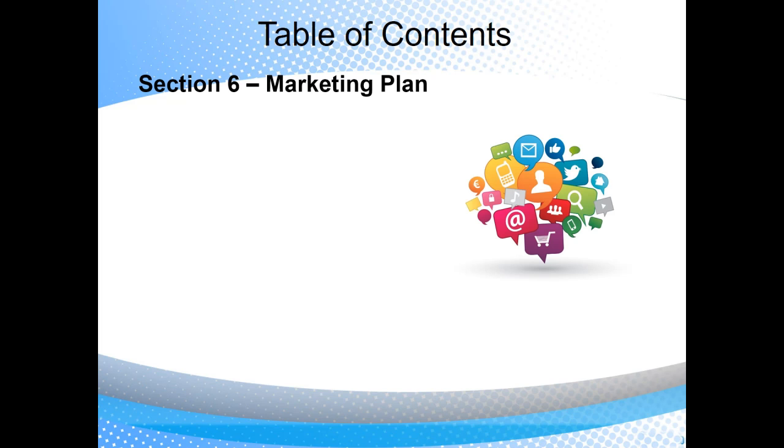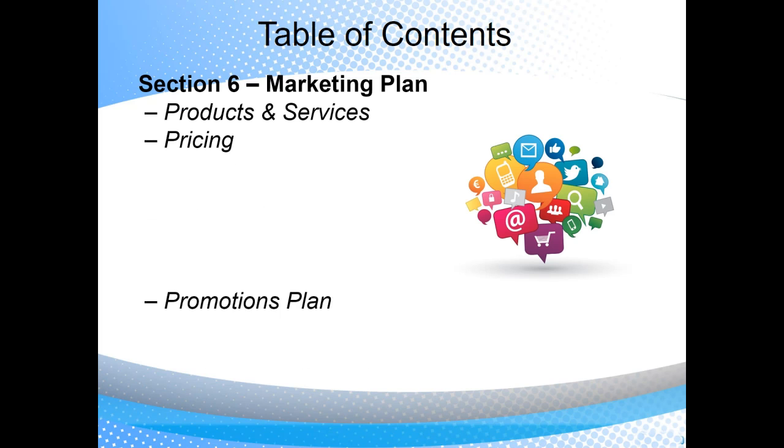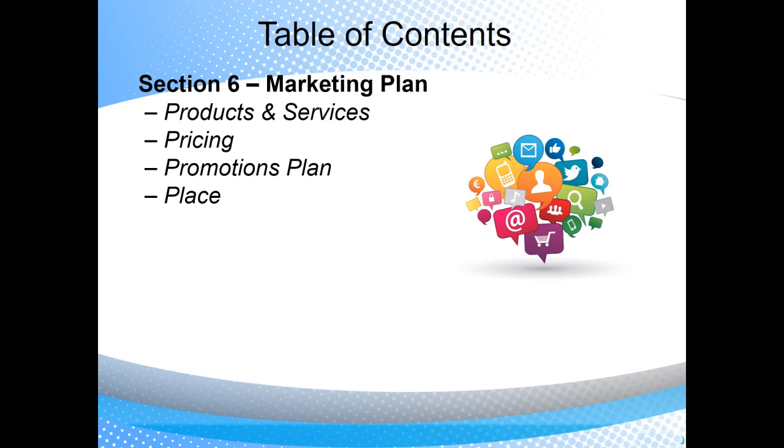I'll go into a little more detail here about what I'd like to see in your marketing plan: products and services, pricing, promotions, and also your place of work if you have one. If you have an online service, certainly you will not have a place where customers come to, but your place where all your computers are would be the place itself too.